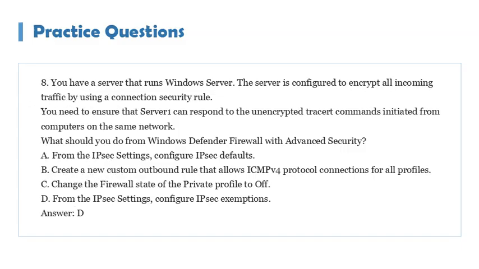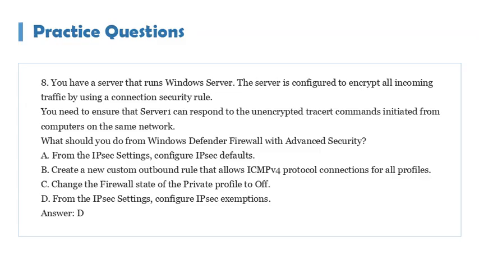8. You have a server that runs Windows Server. The server is configured to encrypt all incoming traffic by using a connection security rule. You need to ensure that Server 1 can respond to the unencrypted tracert commands initiated from computers on the same network. What should you do from Windows Defender Firewall with Advanced Security?